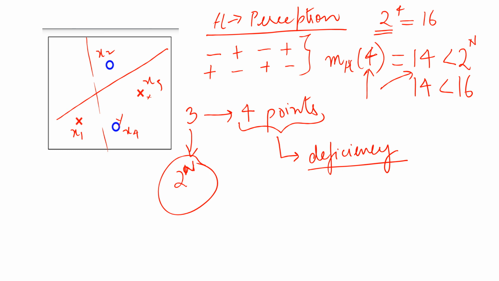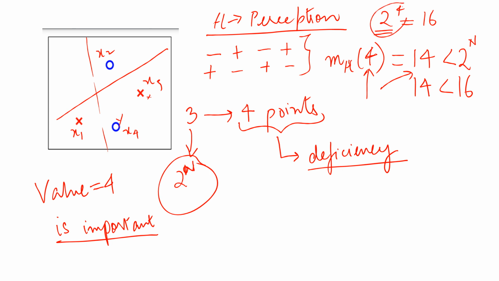For example, in our perceptron case, n equals 4 is important, because this is the point at which it broke the domination of 2 to the n that we had. So at this point there is this evident deficiency.